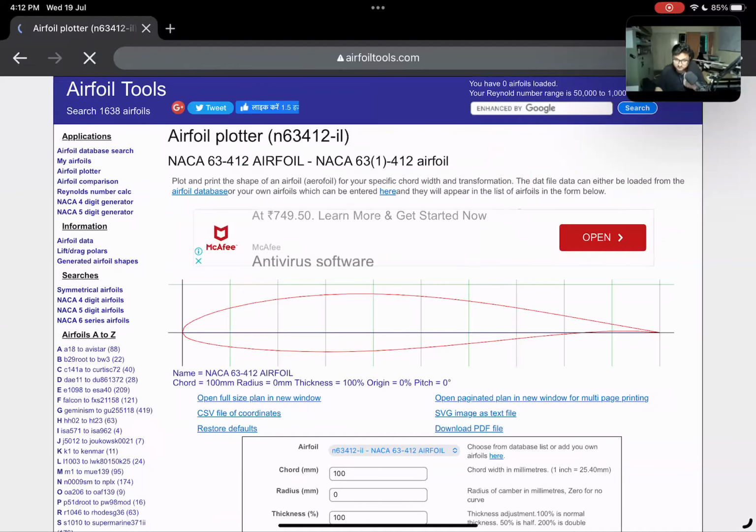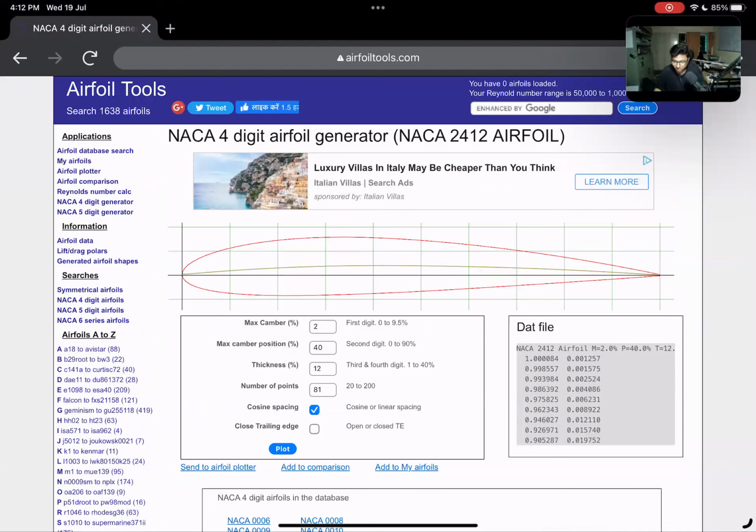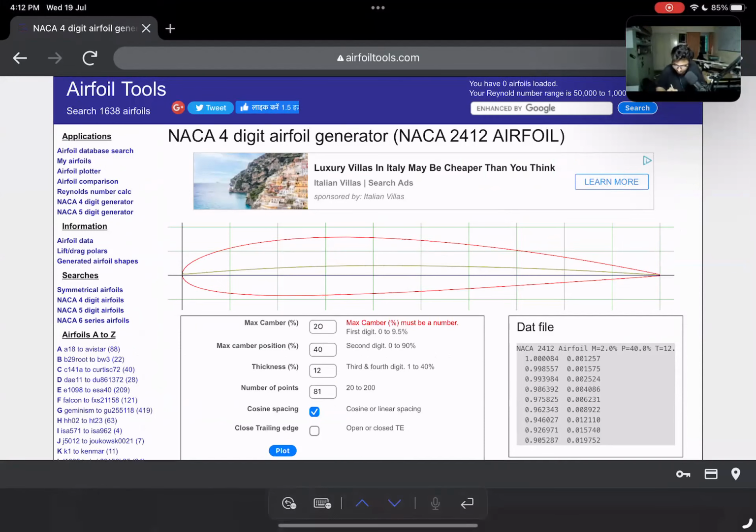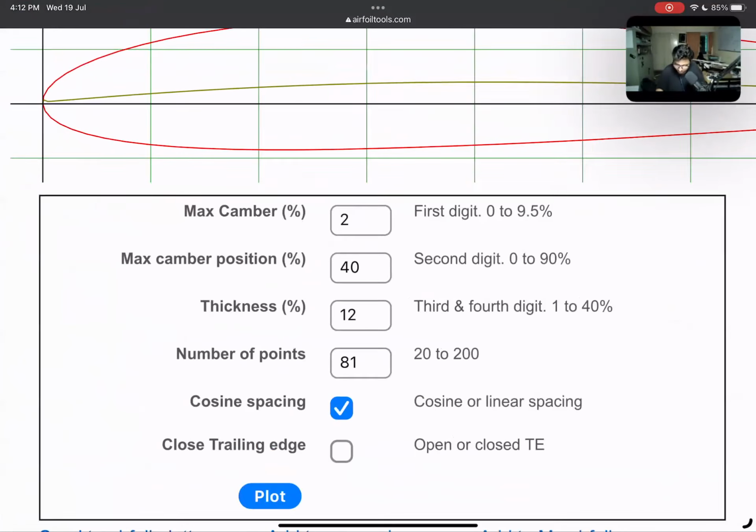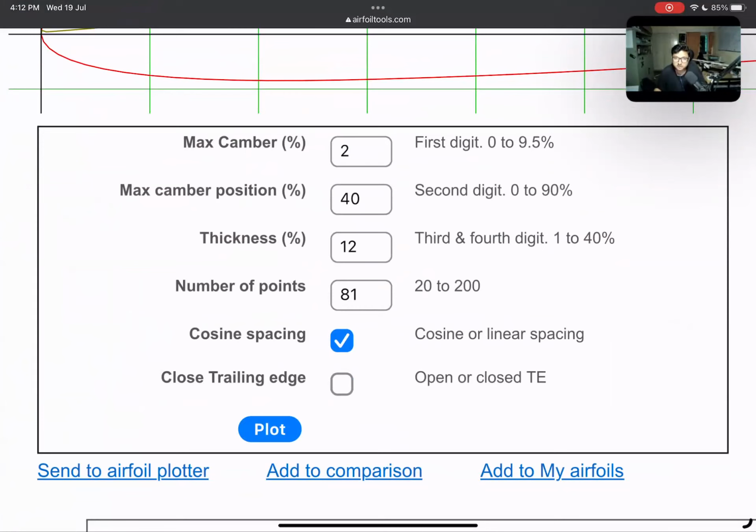Just go and click on NACA 4-digit airfoil generator. So you already have a NACA 2412 airfoil by default. So as you can see, if we have a close-up look, the first digit is going to be from 0 to 9.5%.